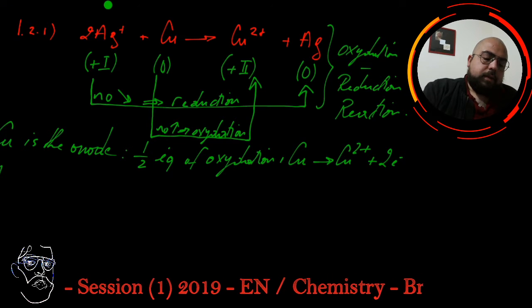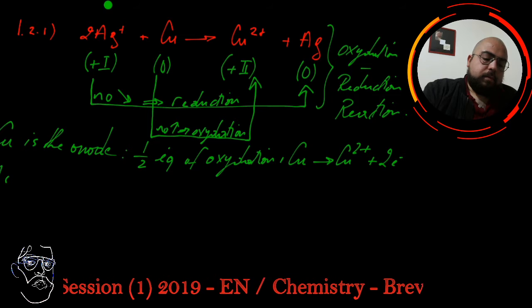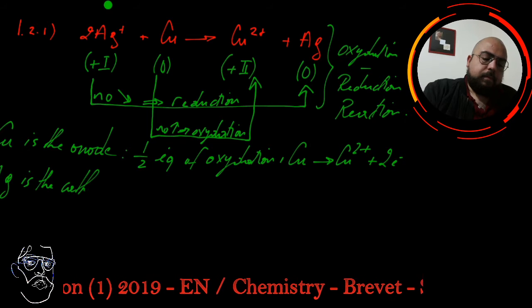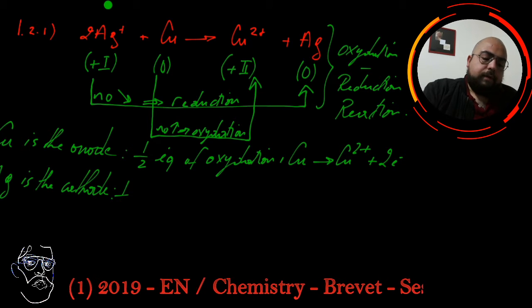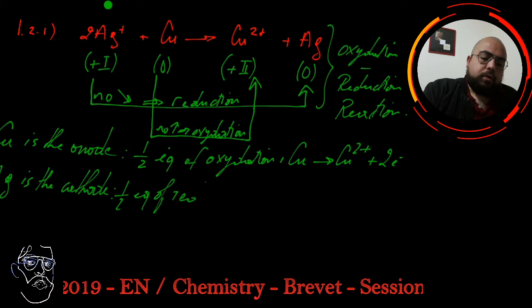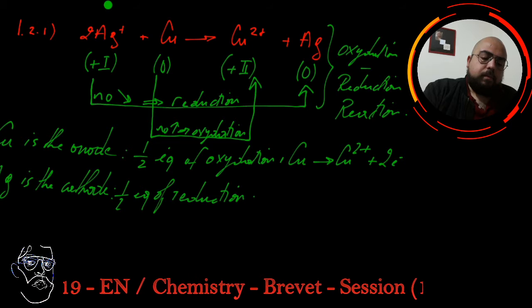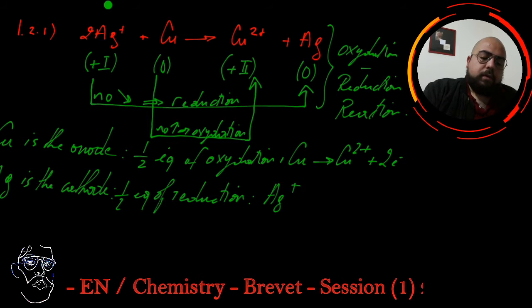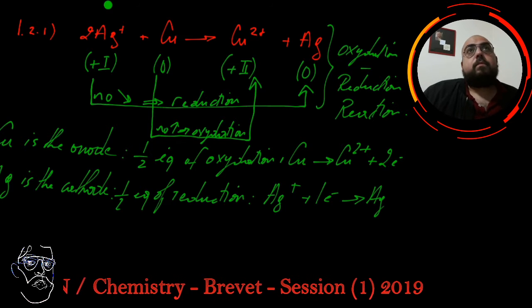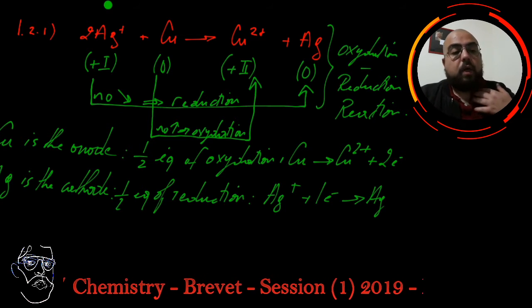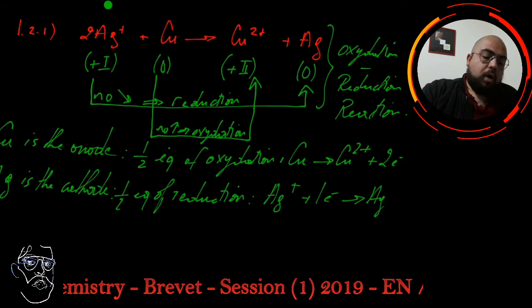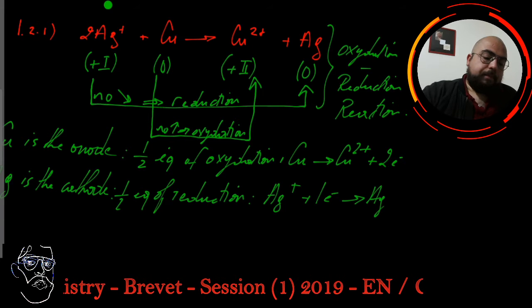Ag is the cathode. The half equation of reduction in this case will be Ag+ plus 1 electron gives you Ag. So these are the half reactions that you have for copper and Ag.